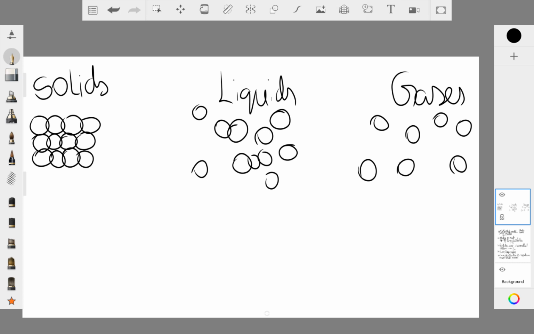Now, on the other hand, we have liquids. Now, particles of liquids are further apart with less forces of attraction compared to the particles of solids. And the less force also allows the molecules of liquids to take the shape of its container, which is why we say that they don't have a fixed shape.